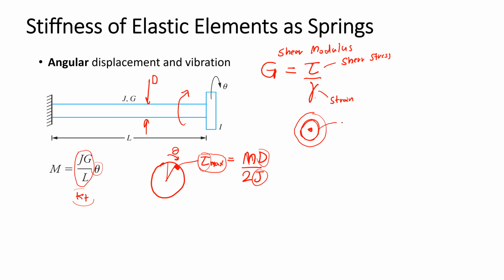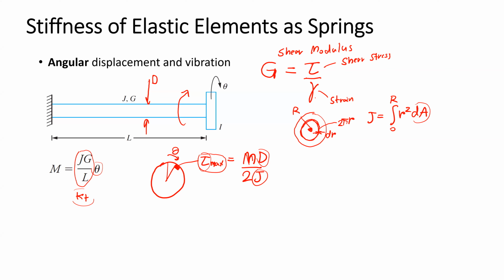Actually J is equal to the integral of r squared dA, with the radius and the area from r equal to 0 to the full radius r.